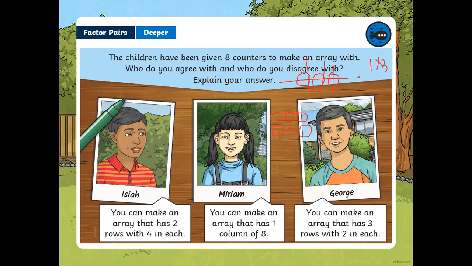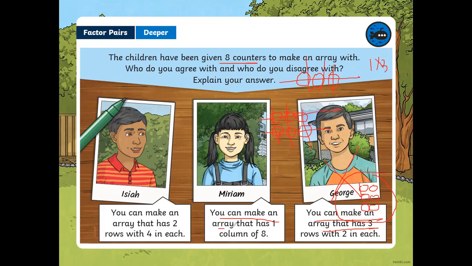This is an array of 2 by 3. So you can make an array that has 3 rows and 2 columns, 3 rows with 2 in each. George says make 3 rows with 2 in each row. This is how George's array is going to look. Is this going to give you 8? Definitely not. It's going to be 6.